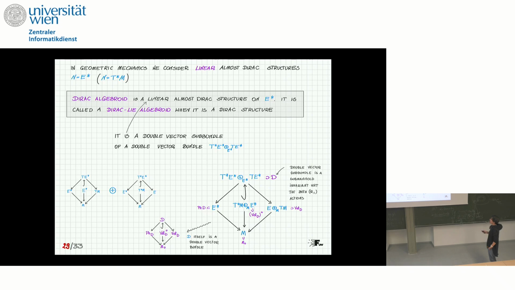But in the example, the submanifold here will be the full E star. But we can have something which is smaller here and smaller here. And there can also be restrictions on the position. This all fits into the picture.